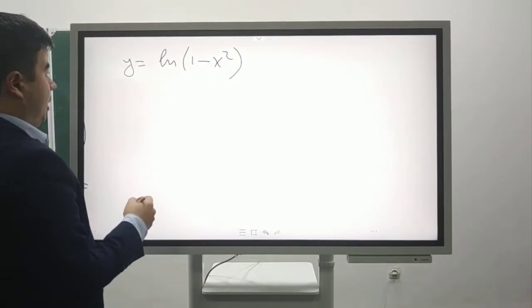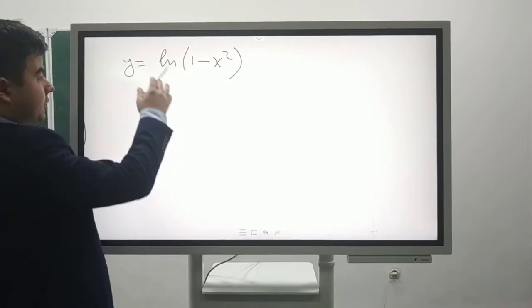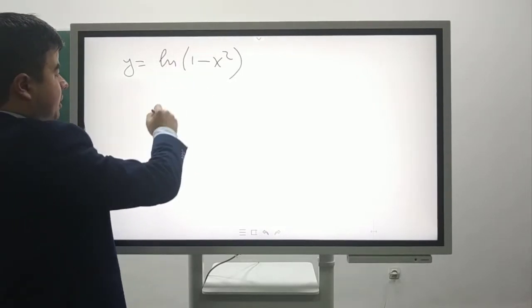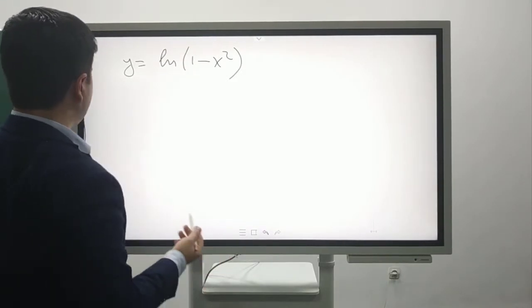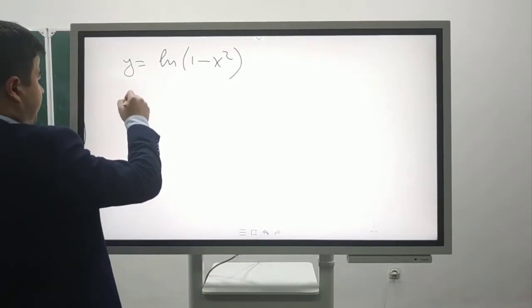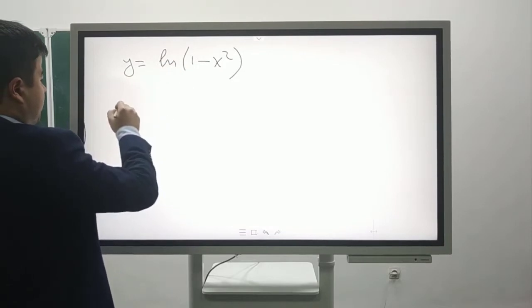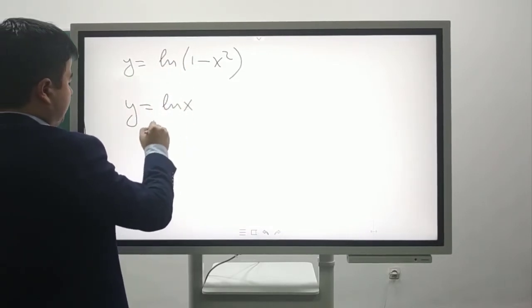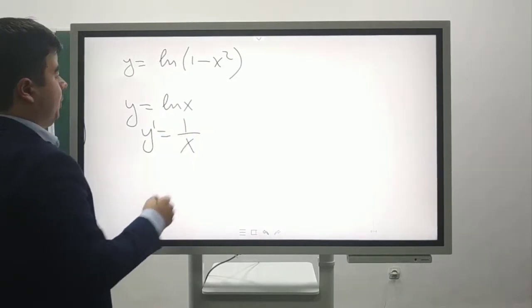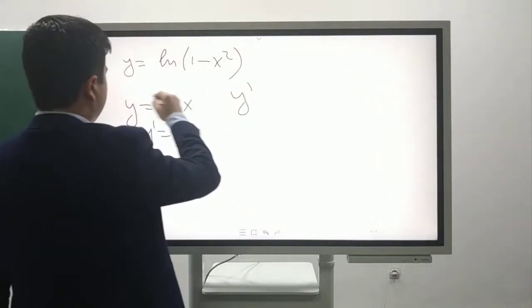So f of x, the first function, is the natural logarithm here. The second function is 1 minus x squared. And now let's firstly find the derivative of the natural logarithm of x. Let's recall, the derivative of the natural logarithm of x is 1 over x. So in this case we have y prime.